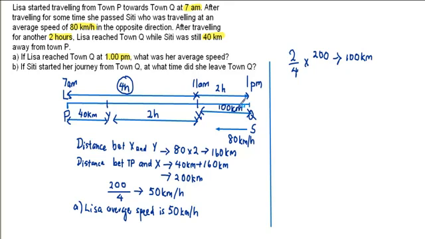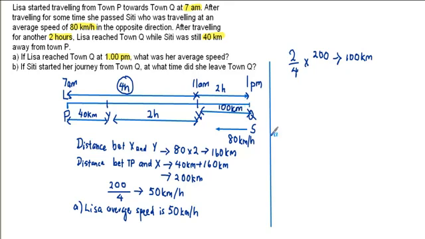Based on this information, we can therefore find the time at which Cici left town Q. How do we find this? Now we know that Cici traveled at 80 kilometers per hour.